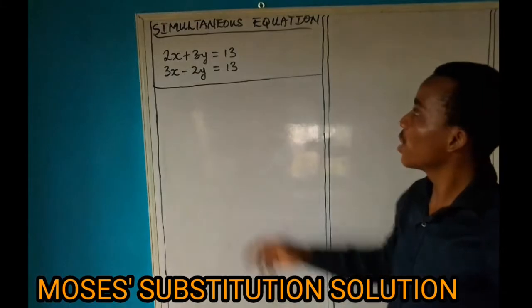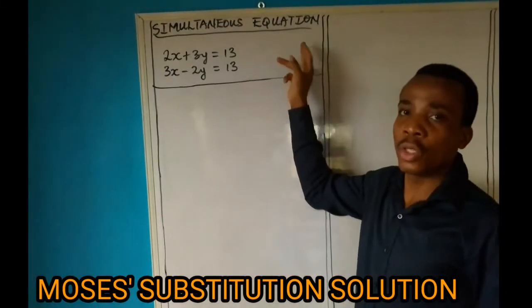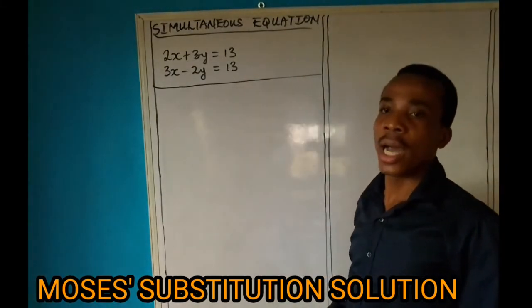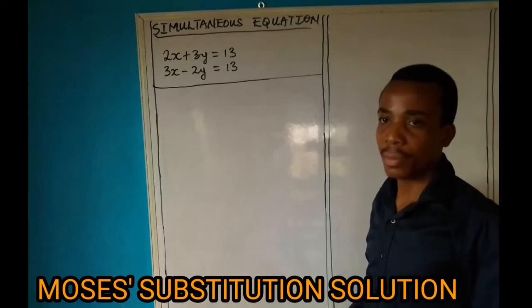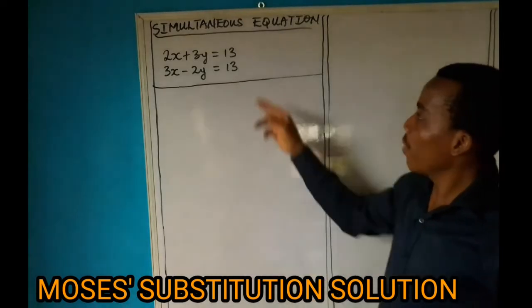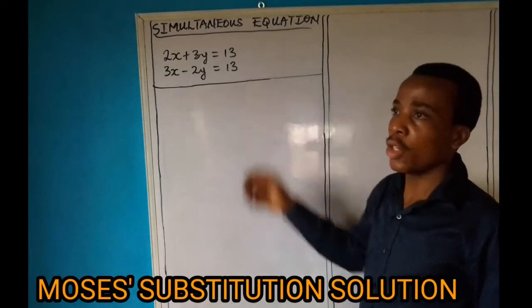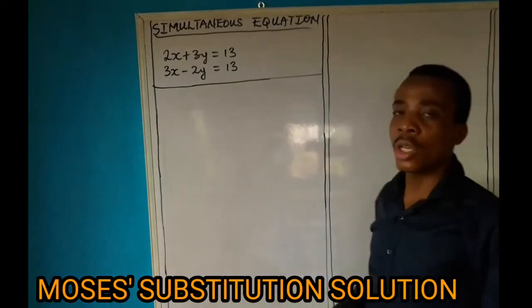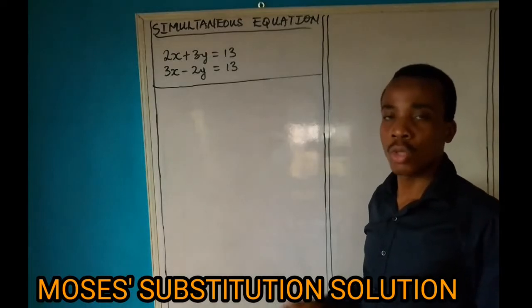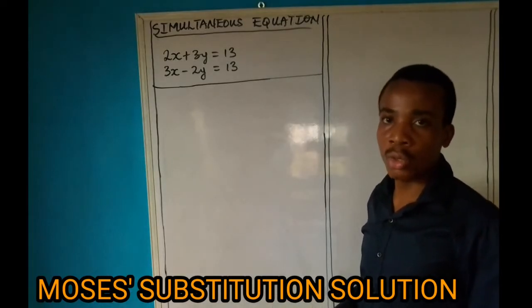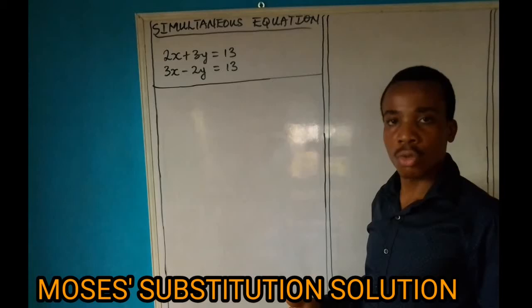Today's video is about simultaneous equations using the substitution and elimination methods. We have a pair of simultaneous equations before us, and you're going to learn how you can use the substitution method to tackle it, and how you can also use the elimination method as well.